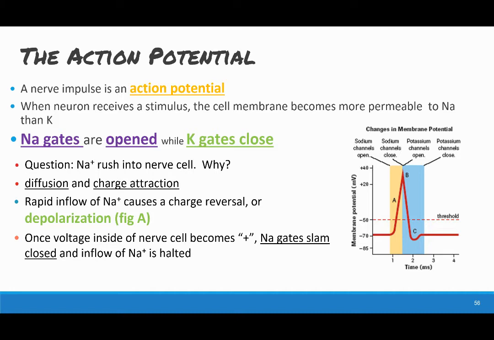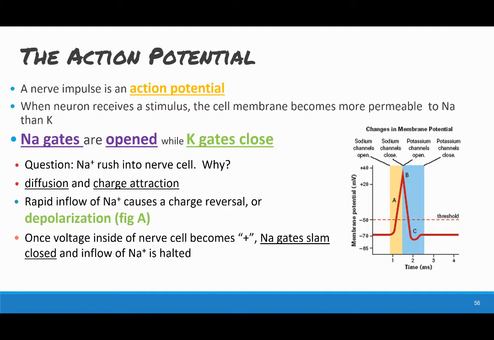So what ends up happening is sodium ions rush into the nerve cell. And there are two ways we can explain why. One is in terms of diffusion: ions will diffuse down their concentration gradient, from a high concentration to a lower concentration. The other way to think about it is in terms of charge attraction.